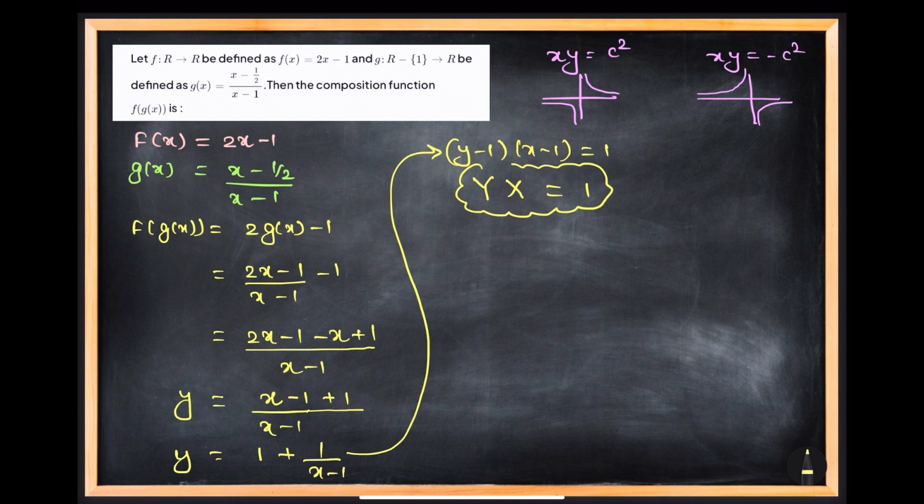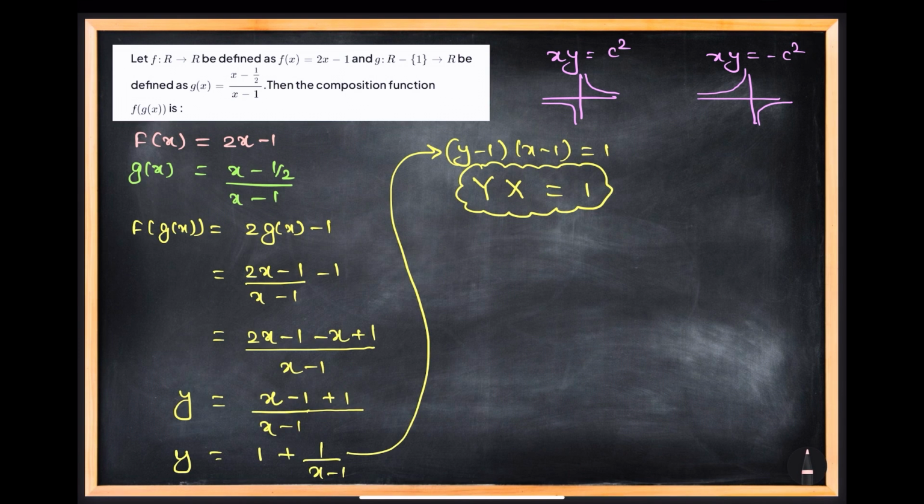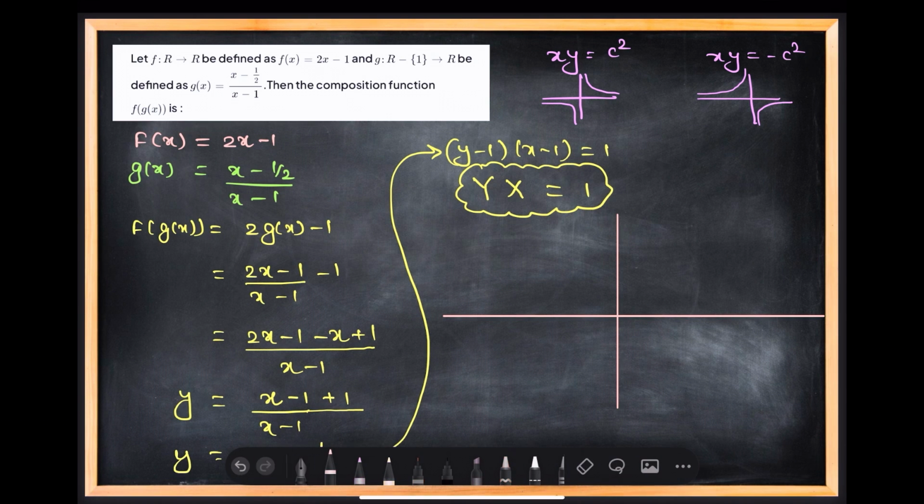So look at this. Don't you think we got capital Y times capital X equals 1? Okay, so we have to draw a graph of this function. Now look at how gracefully we will draw the graph. So first draw the x-axis and y-axis respectively. Now be super slow and observe this one. Suppose this is x equals 0. Can you tell me the equation of this line?